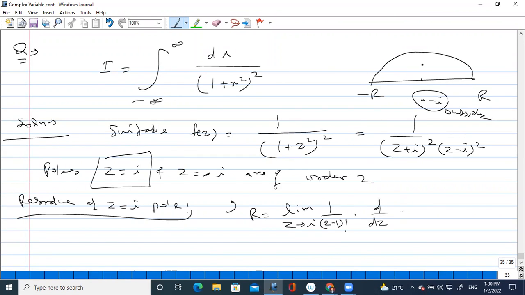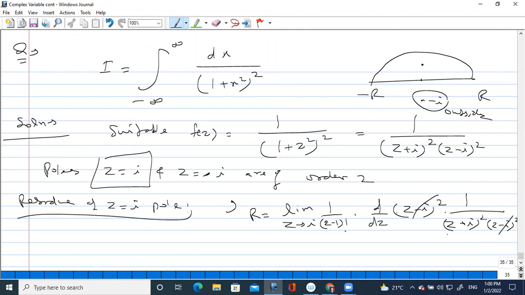So it will be d by dz of (z minus I) whole square into f(z). f(z) is 1 upon (z plus I) whole square, (z minus I) whole square. (z minus I) whole square will be cancelled. So only this much is left.